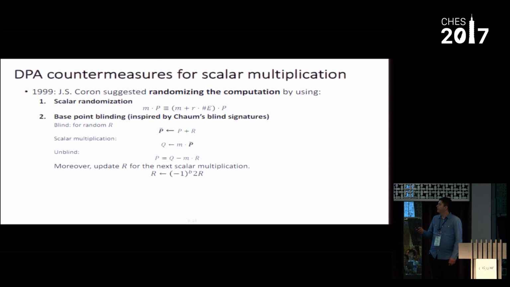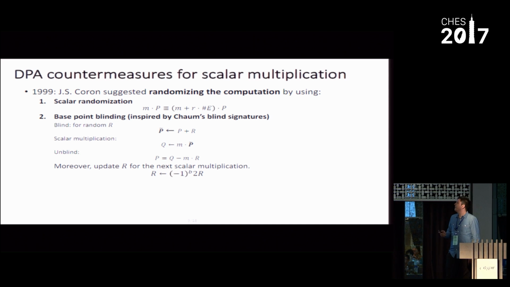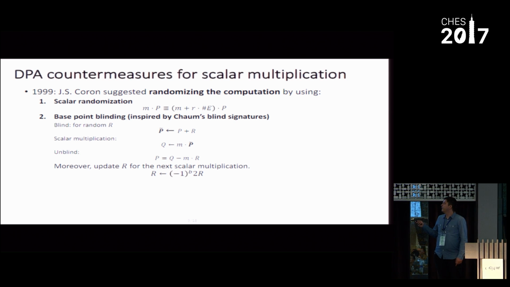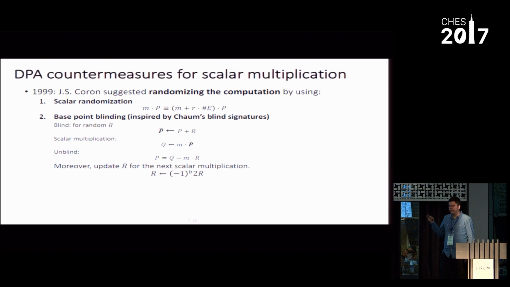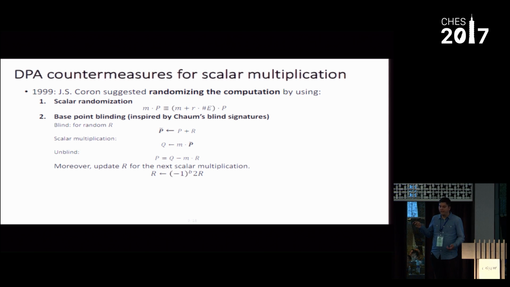The next countermeasure is point blinding, where instead of blinding the scalar, we are blinding the point to be multiplied. We generate a random point R. This was inspired by the original Chaum's blind signatures. After blinding the point, we conduct the scalar multiplication with the blinded point, and then at the end we need to unblind the result.